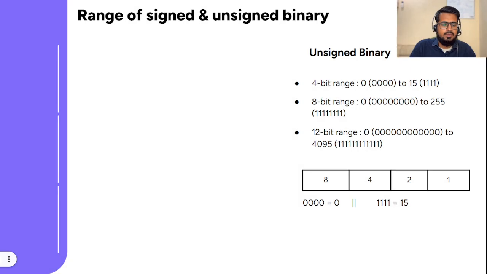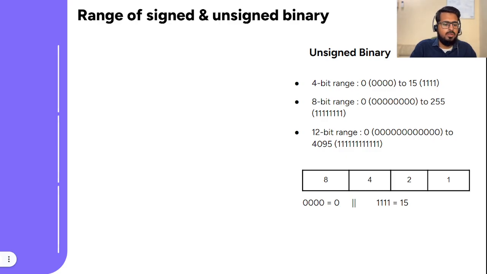Now let's see the ranges. In a normal or unsigned binary, if we want the minimum value, we say 0000, so we get 0, and if we want the maximum value, we say 1111, giving the maximum of the range according to the size of the register.